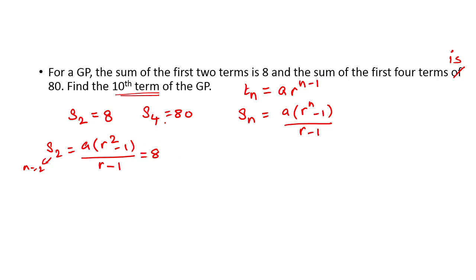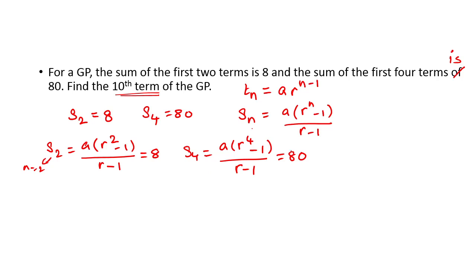The same way S4 as per this definition should be equal to a into r raised to 4 minus 1 upon r minus 1, and this S4 is given to be equal to 80. So we have two equations here. Based on this, we have to find out the value of a and r.